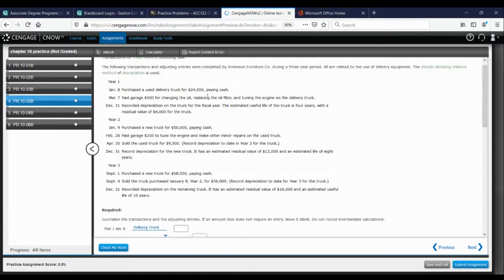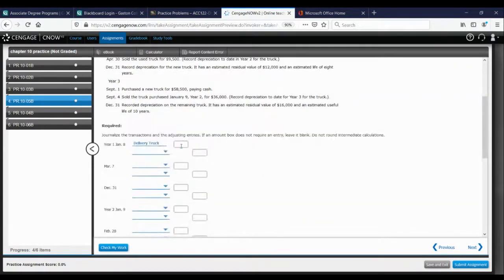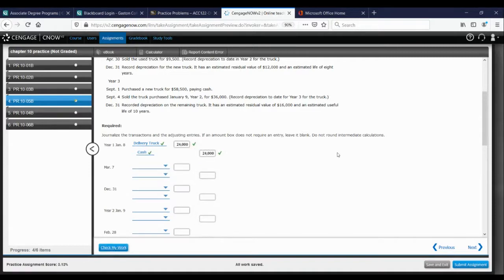Because the cost of this asset was $24,000, we're going to debit, or increase, that asset by $24,000. Since we paid for the delivery truck with cash, our cash, which is an asset, is decreasing. It is also decreasing by the amount that we have paid for this vehicle, which was $24,000. This is your first journal entry.